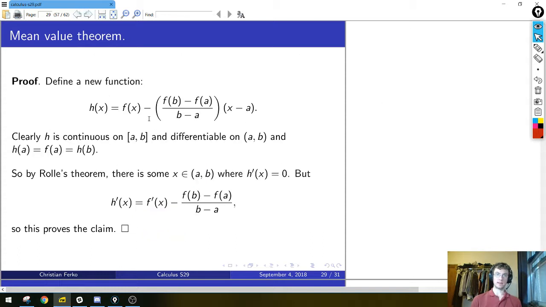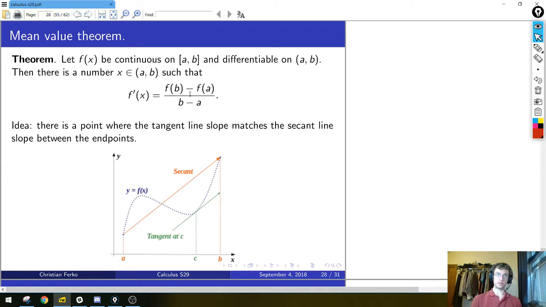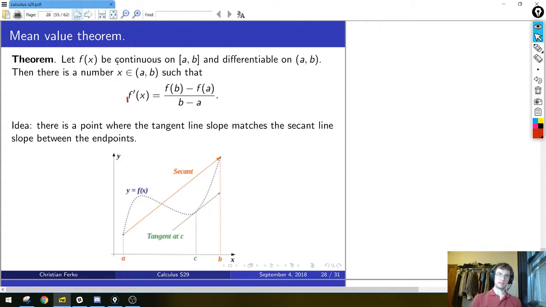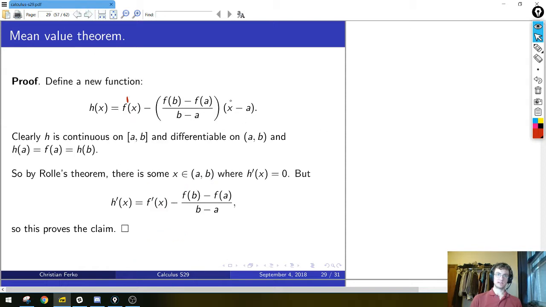So let's do that. I'm going to define a new function, which is literally just, typo, f of x, f prime of x. That should be f prime. So I literally just subtracted this thing from both sides, except for the small subtlety that I had to multiply by x minus a. And I'll explain why I did that in a moment.